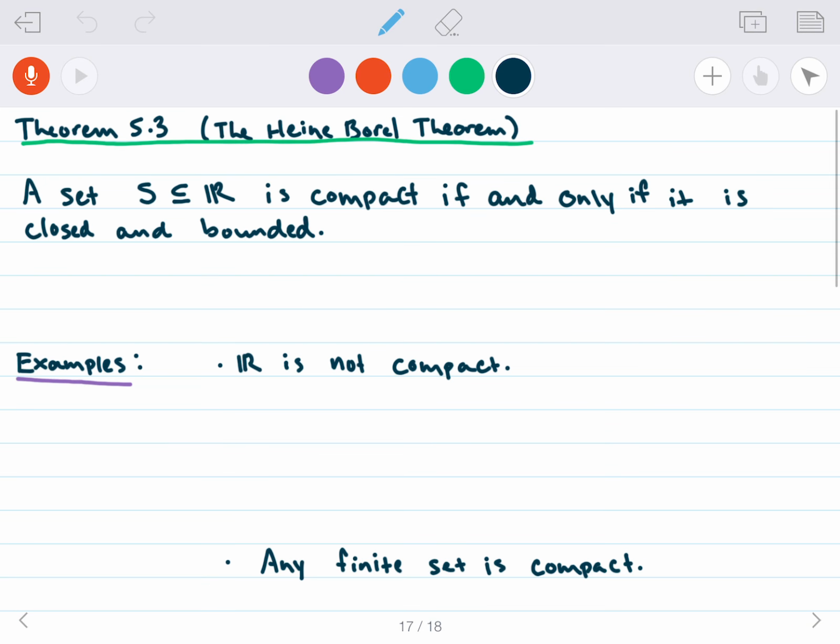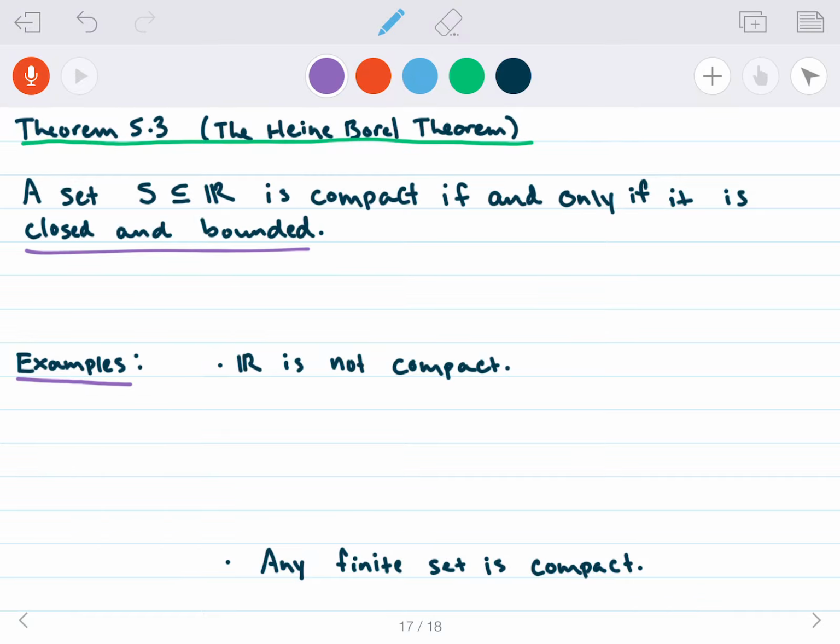All right. So that brings us to our big theorem here, the Heine-Borel theorem. What does it say? It says that a set is compact, and we know what compact means: every cover has a finite subcover, if and only if it's closed and bounded. Both of these things need to be true for a set to be compact.